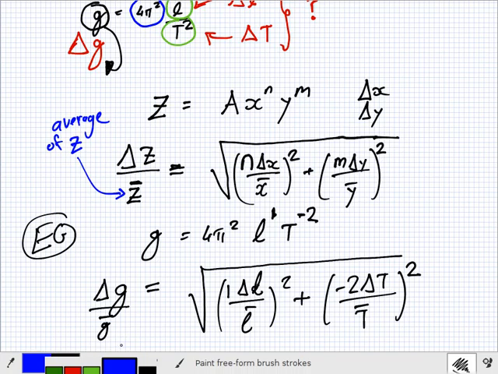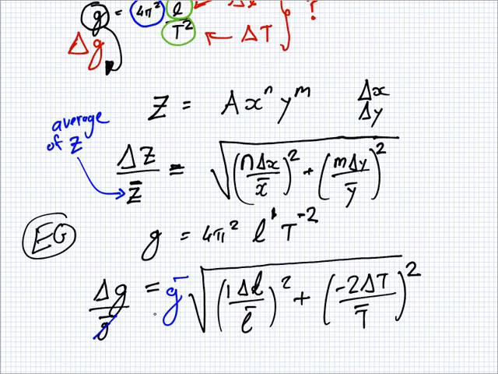So if you want, you can just bring this up to the right, and now you have a formula to calculate your error on the G.